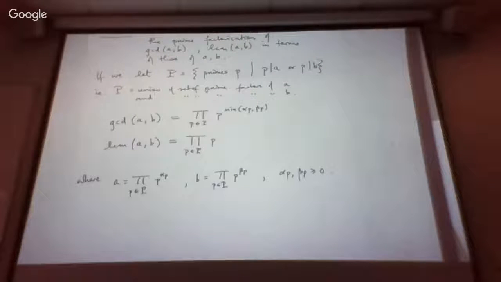You could add in factors of 2 to the 0 times 3 to the 0. You're effectively not adding them in. You're adding them in as a blank copy. Yes, that's good. So there's only one possible answer for the least common multiple. Minimum was the right answer for GCD.